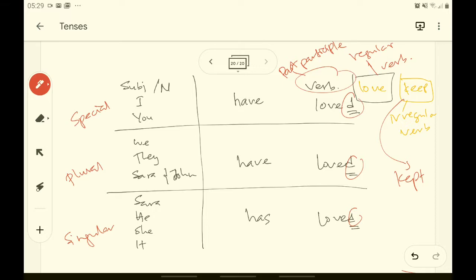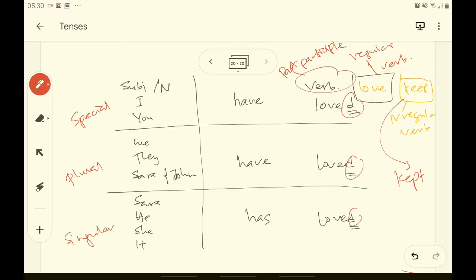So for example, I have opened the door, you mean that you have opened the door and you still feel the breeze coming in. But comparing it to I had opened the door, which is in the past perfect tense, it means that you opened the door and the door is now maybe shut, so it's not open anymore.